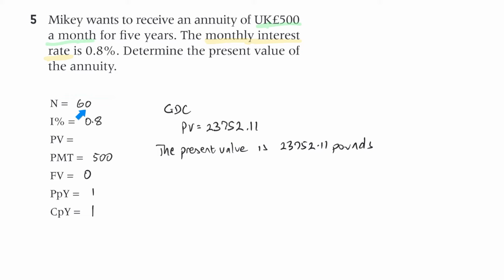So that's 5 times 12, that's 60. The interest rate's already given per month, so it's 0.8. The payment is £500 a month. Future value is 0, and we're keeping these as 1 and 1, and the calculator comes up with the present value of 23,752.11. So when it says determine the present value, that's our answer there.